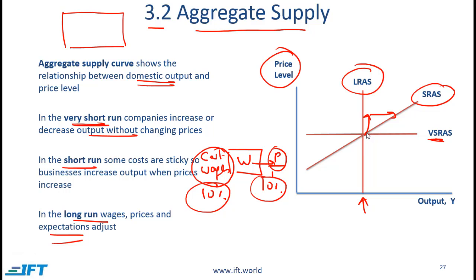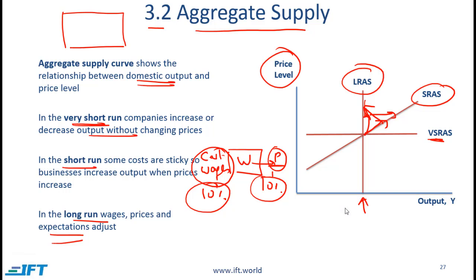When prices of your product went up, initially you increased supply. So we moved along the short-run aggregate supply curve, but eventually as the costs went up by the same percentage, you come back to your original quantity. And therefore the long-run aggregate supply is a vertical line at a given level of output.